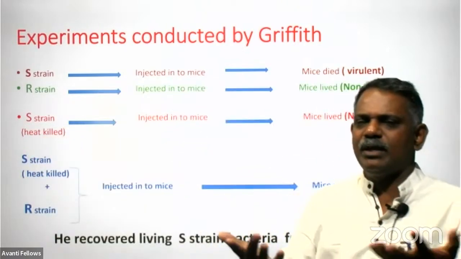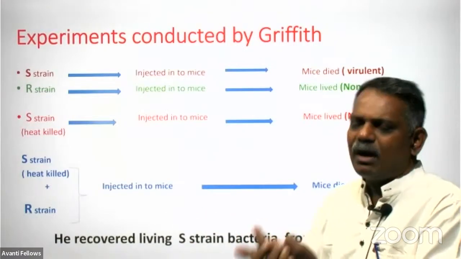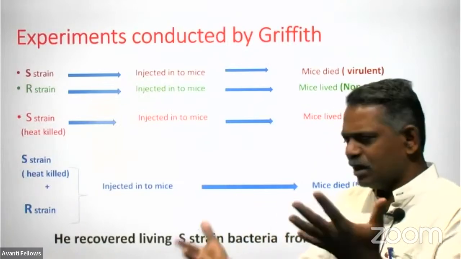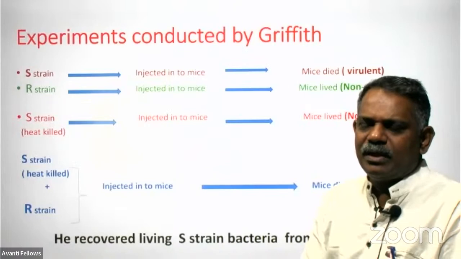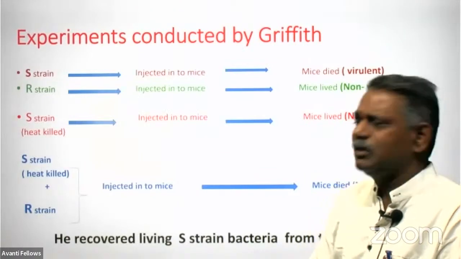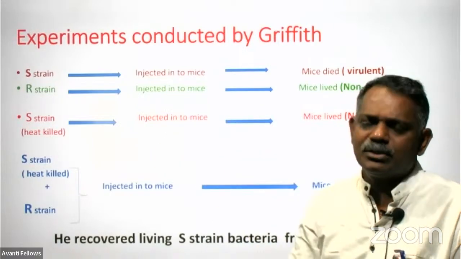You know, the genetic material is stable. It is there in the S strain even after killing this bacteria. So whenever this heat killed S strain is mixed with the R strain, the genetic material, which can express some character in the individual, passes from the S strain bacteria to the R strain bacteria.